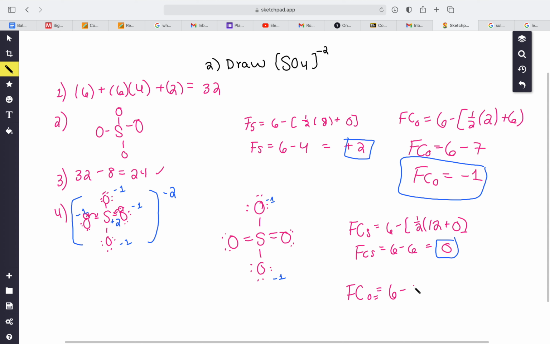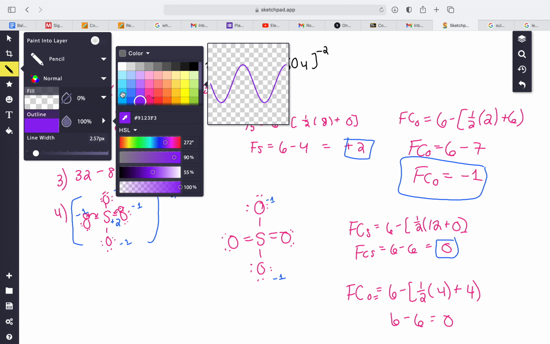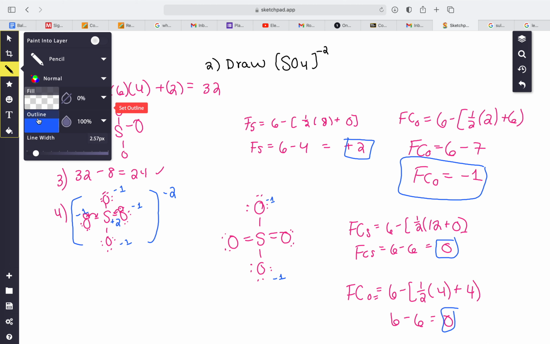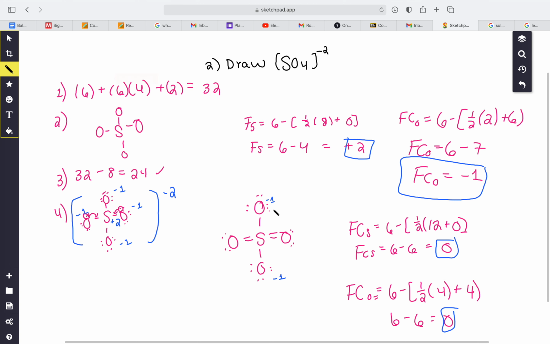So we have 6 minus half of the bonding. Half of the bonding here is going to be 2, plus the non-bonding, which is 1, 2, 3, 4. So this is going to be 6 minus 6, which is also equal to 0. So that's great. We got rid of 3 of the formal charges, which is awesome. So this would be our most correct answer, just due to that stability fact in there.